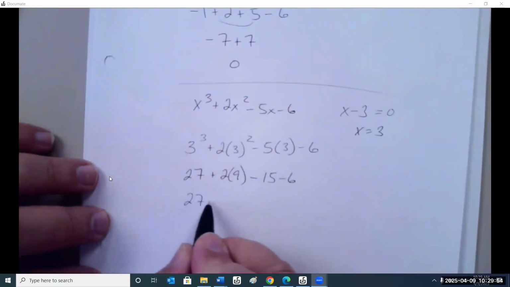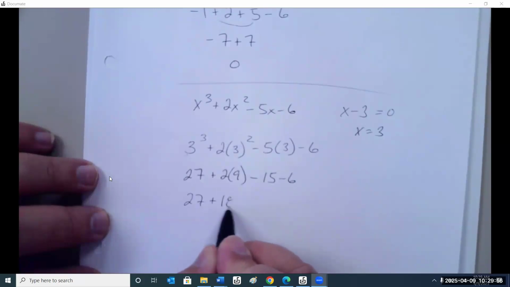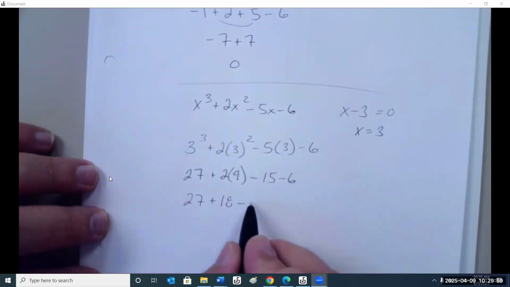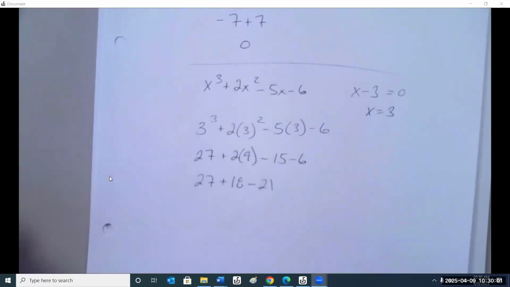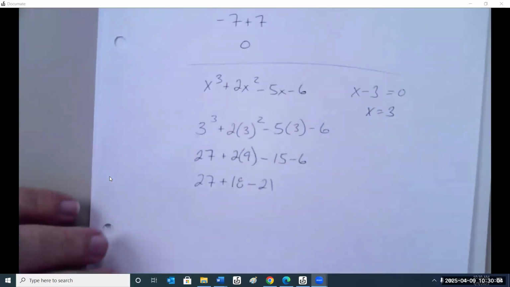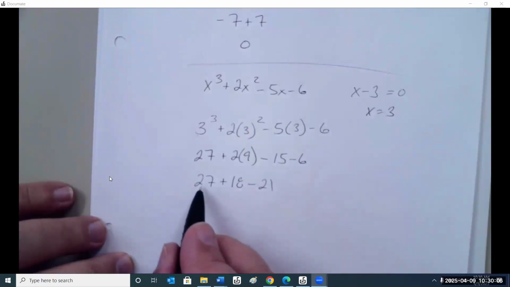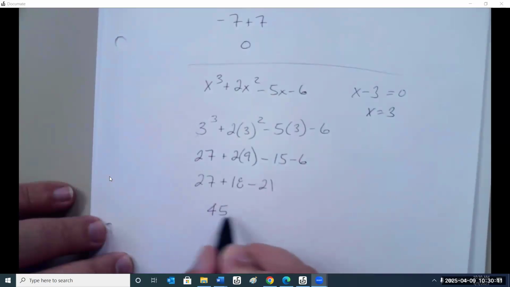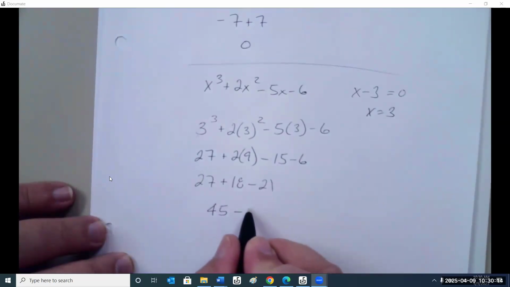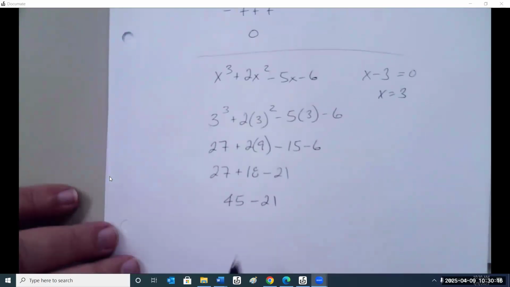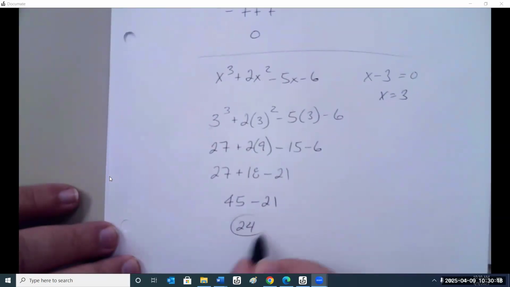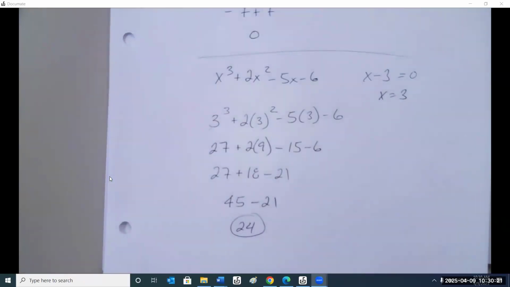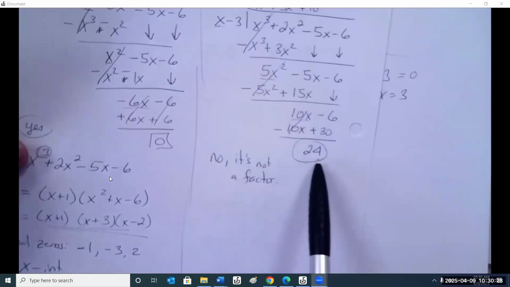We have 27. 2 times 9 is 18. 15 and 6 is -21. So 27 plus 18 is 45. 45 minus 21 is? That was the remainder that we got.